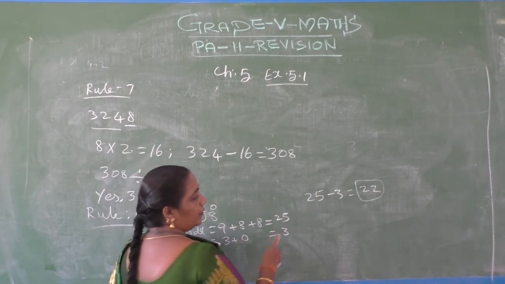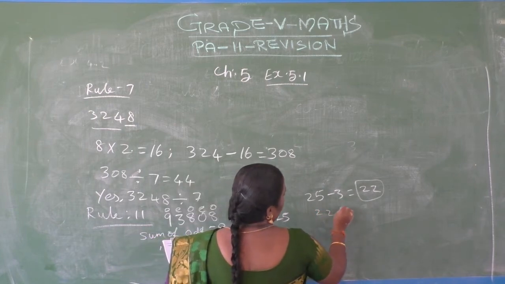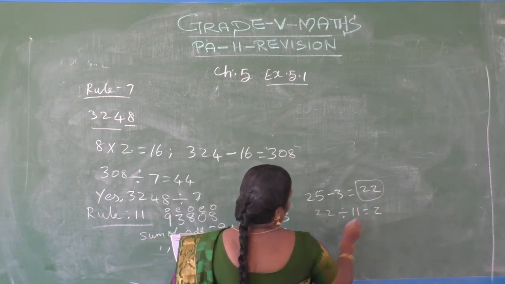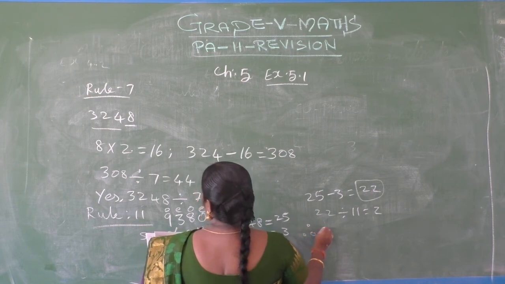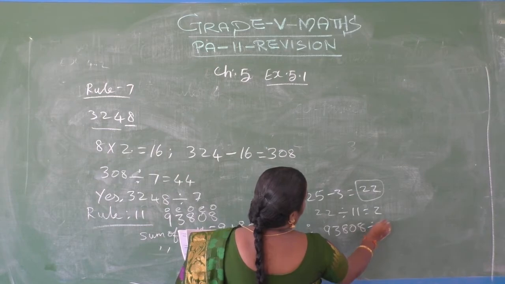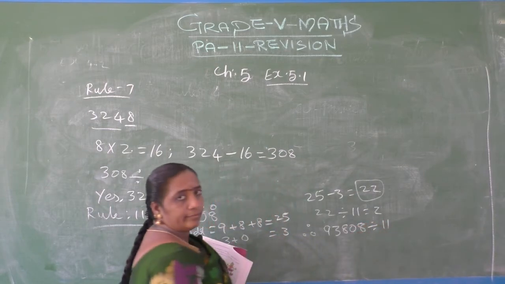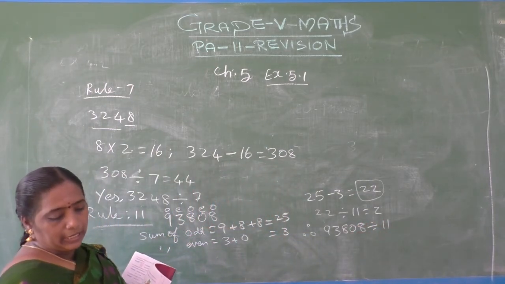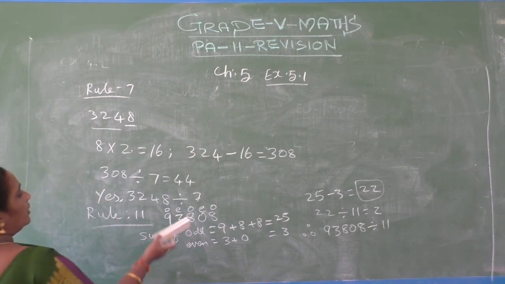Now you get 22. So 22 is divisible by 11, 2 times. Therefore the whole number 93,808 is divisible by 11. Okay? Do you understand? That's all. These are the rules. So you go through the rules thoroughly.